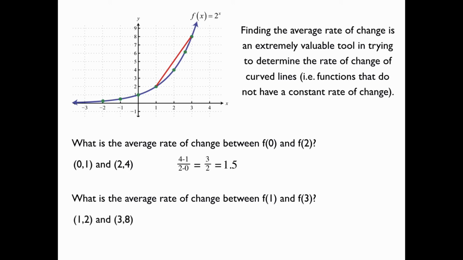So we identify our ordered pairs, use our slope formula to find the slope, and we can see that the slope is 6 over 2, which simplifies to 3 over 1. All right, so y changes by 3 as x increases by 1. Notice the slope over this interval is double that of the previous interval.